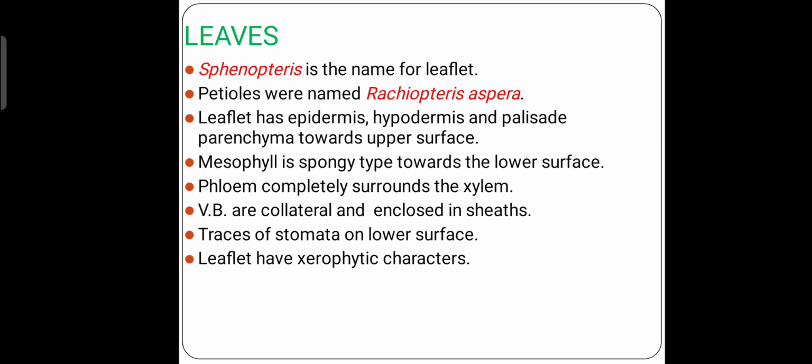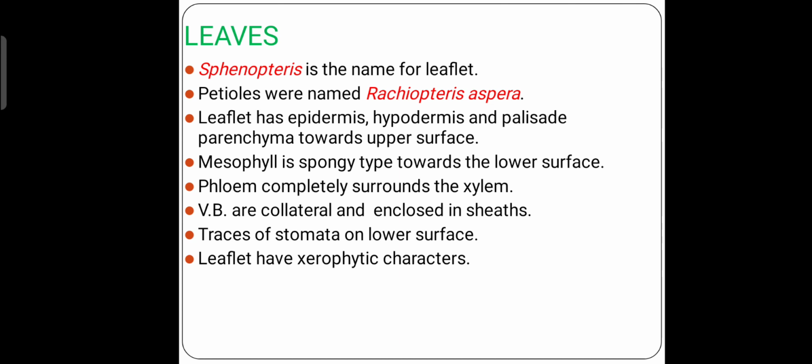Then what kind of leaves are there? Sphenopteris was the name given for a leaflet, and petioles were named as Rachiopteris aspera. Leaflet has epidermis, hypodermis, and palisade parenchyma towards the upper surface.